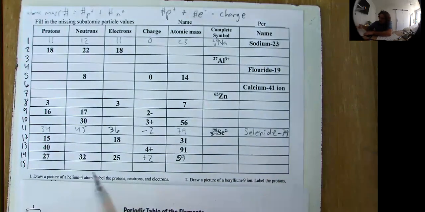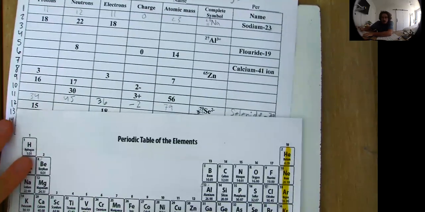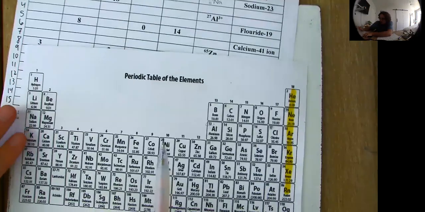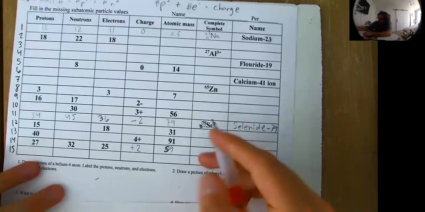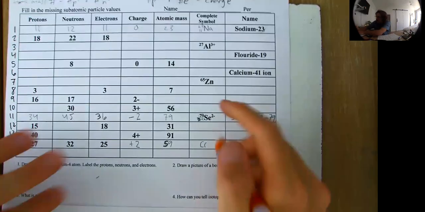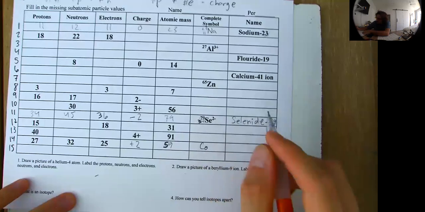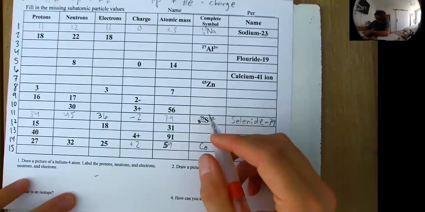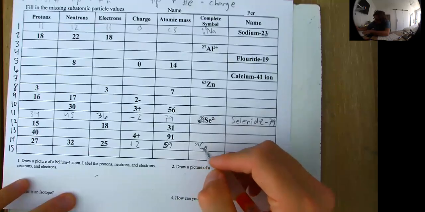Well, let's find number 27 on the periodic table. Bada bing, bada boom. There it is, number 27 right in the middle. Cobalt, Co is our symbol. Let me make that o a little smaller. The mass number goes in the top left. The protons go in the bottom left.